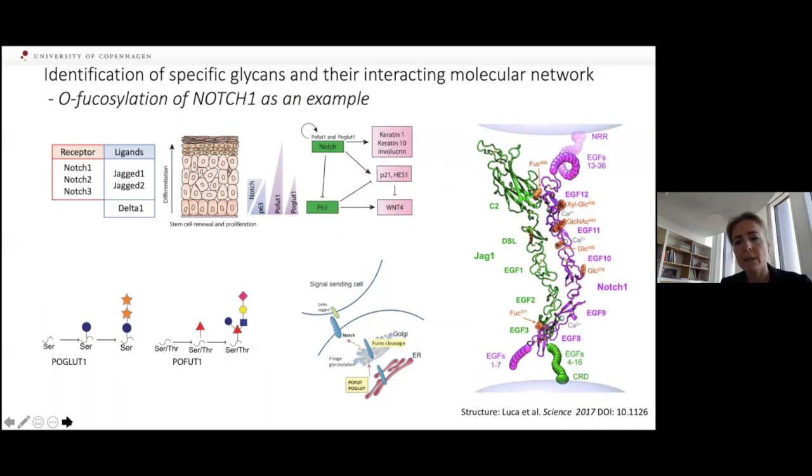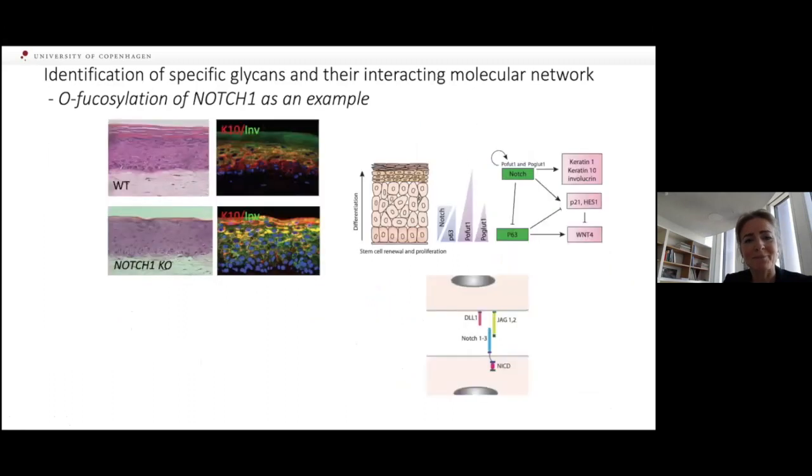This is done in the Golgi apparatus, and as you can see, it is important for the binding of Notch to its ligands. And you know that Notch is important for the differentiation of the epidermis.